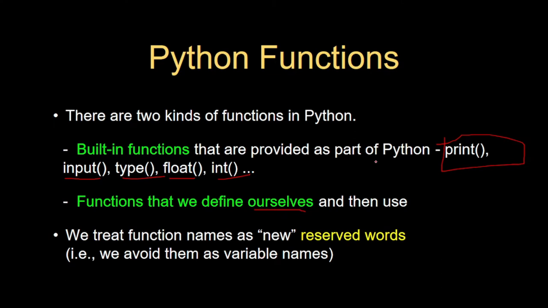For example, print is already defined in the Python library, and when you want to display some information of your code on the screen, you can call the print method by default. How it works, you don't need to know. Just call it and use it. These are built-in functions in Python.